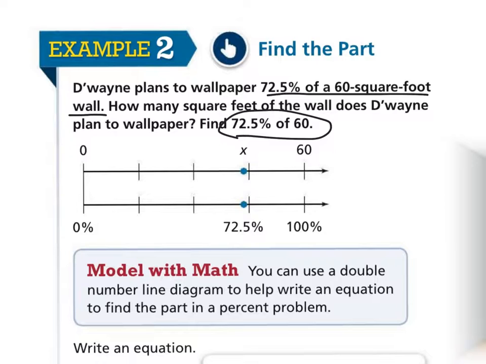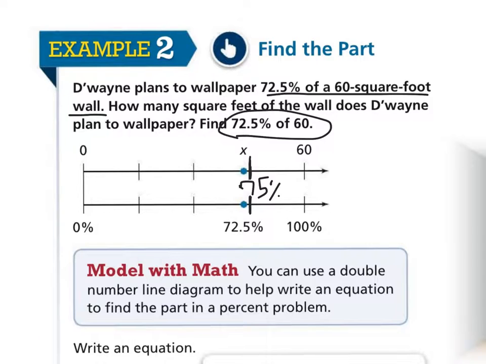The book does a number line thing. They split it up into fourths here. We know 72.5% is just a little less than 75%. So this would be our 75% mark, this one here. That's how they gauged that. So a little less than 3/4.